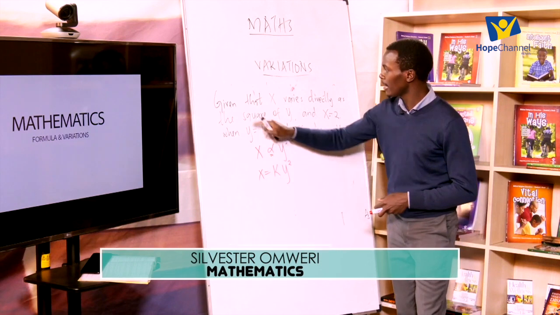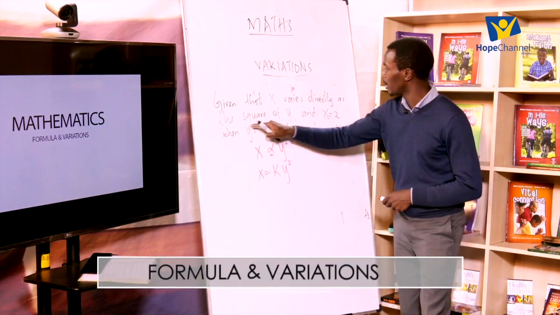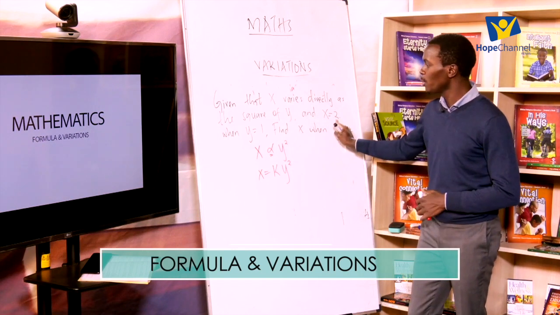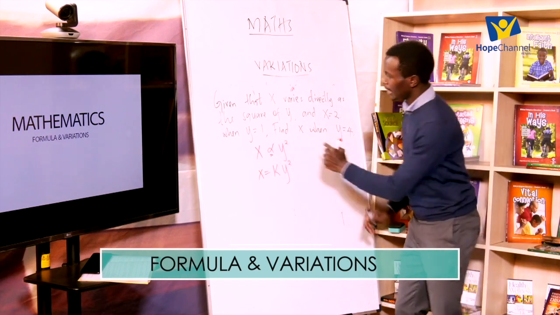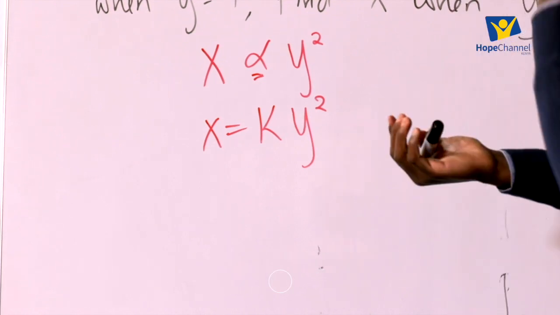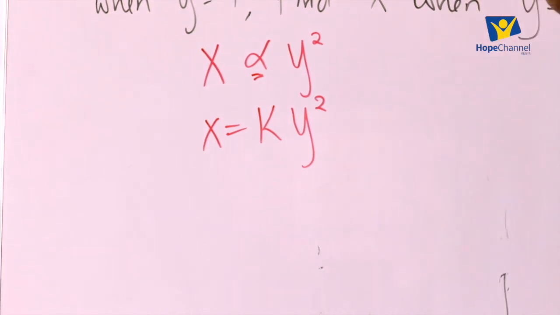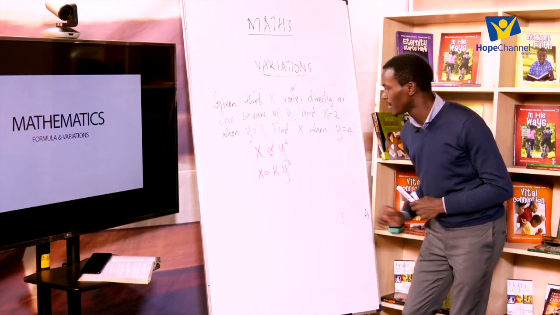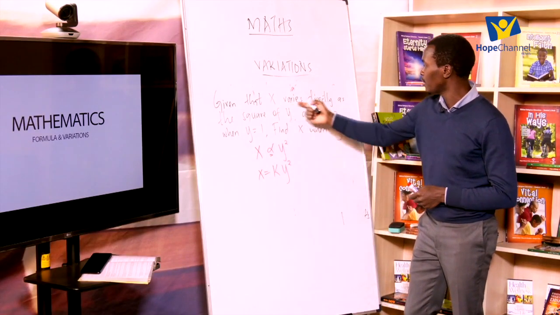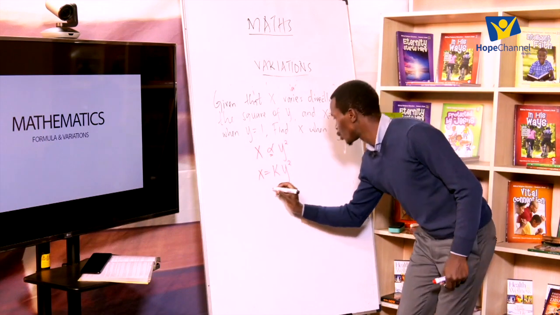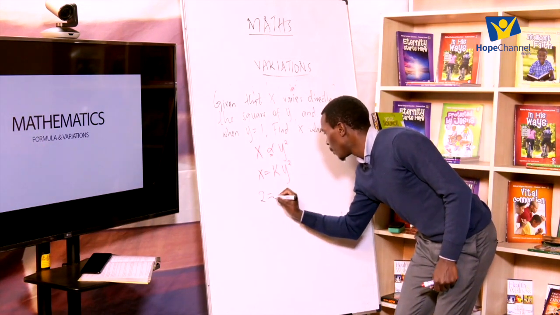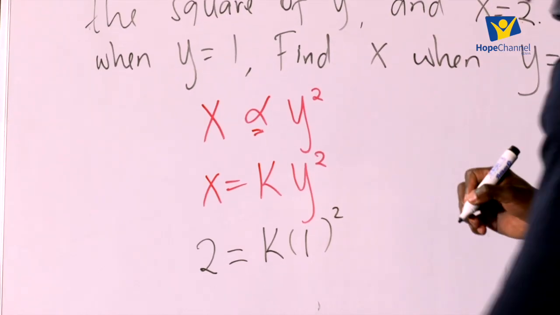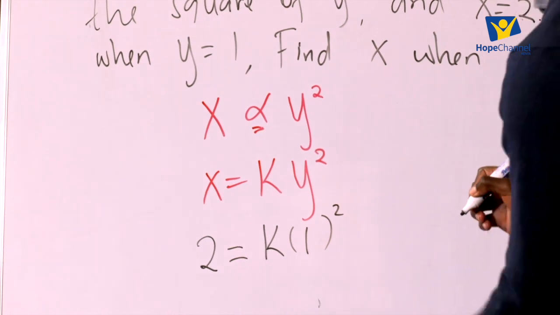Look at that. It says x varies directly as the square of y, and x is equal to 2 when y is 1. So what we're supposed to do is simply substitute for x and y in the equation we have formed from the statement of variation. x is 2 when y is 1, so 2 is equal to k into 1 squared.